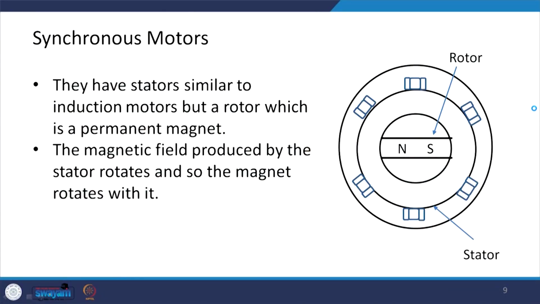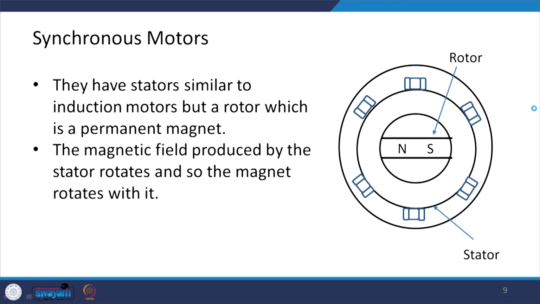Next, let us look at the synchronous motor. They have a stator similar to the induction motor, but the rotor is a permanent magnet. In this case, the rotor is a permanent magnet, whereas in the case of the induction motor, the rotor had simple conductors.